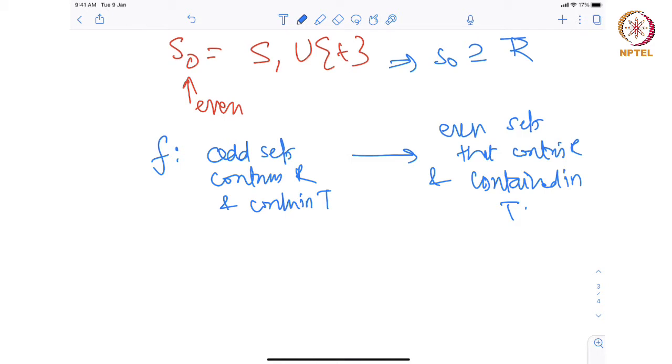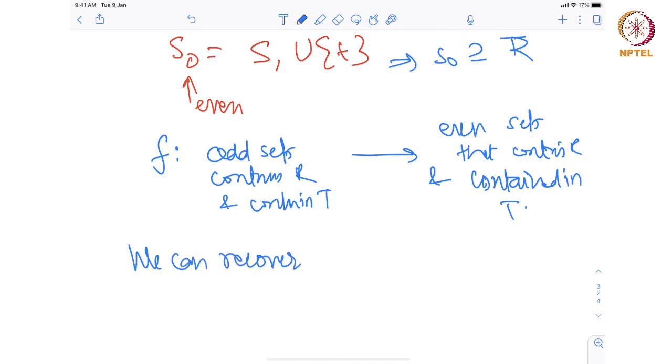Now, why is it bijective? It is bijective because we can recover S1 from S0, again you can do the same thing.